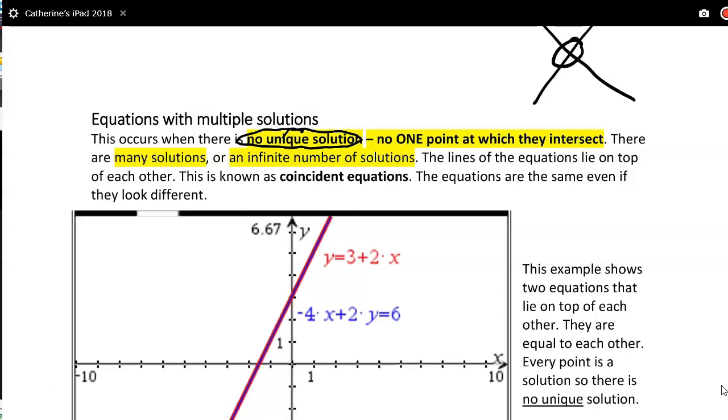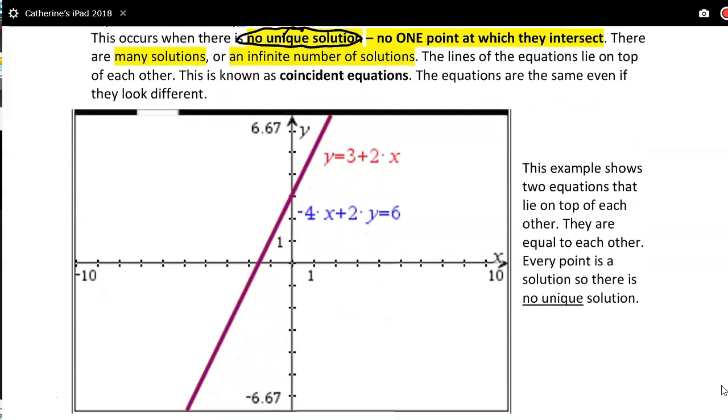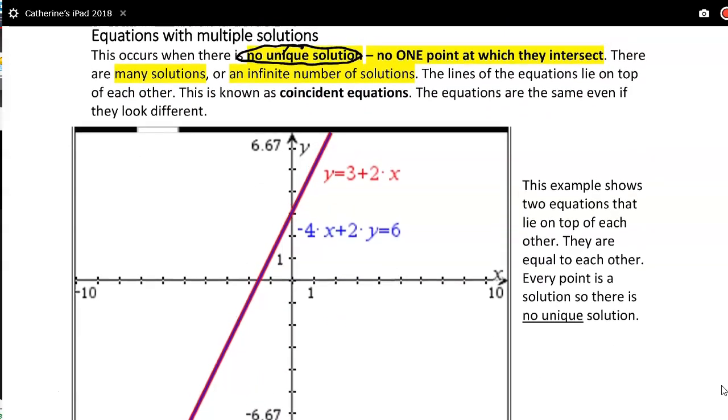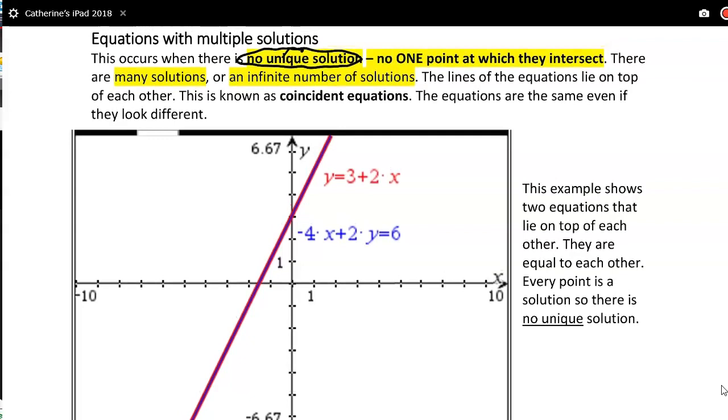That's where they cross. And that's one point. It's a unique solution. But here, there is no unique solution, because the lines are actually on top of each other. So there's no one point at which they intersect. They actually intersect at every single point because they lie on top of each other.